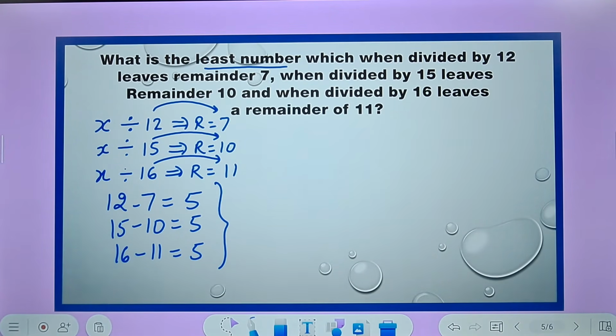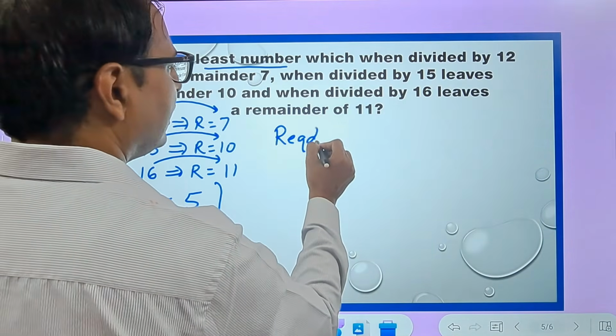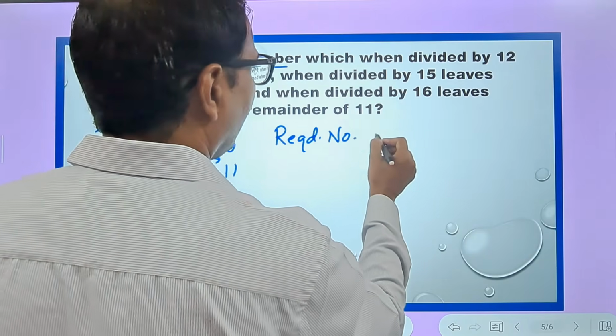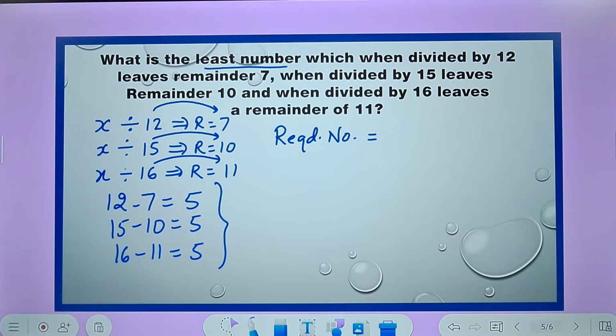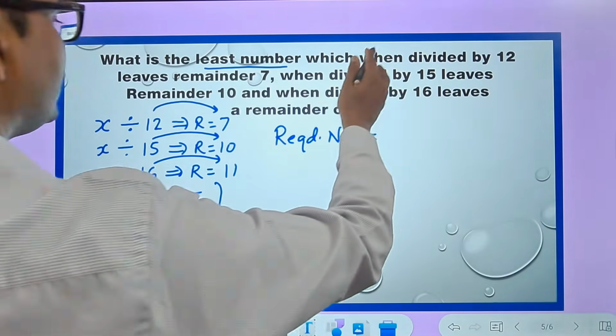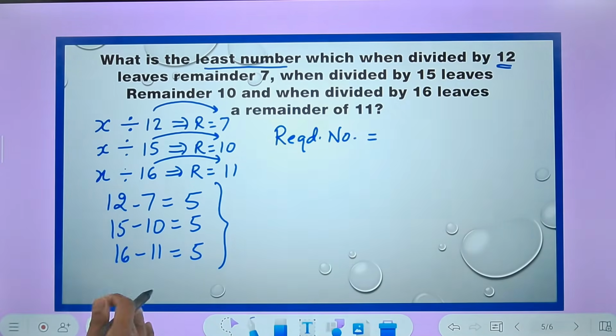So what you have to do is, the required number will be, obviously, you are dividing and getting a remainder, which means this number should be greater than the divisors, and when the number is greater, it is a problem of LCM, not HCF.